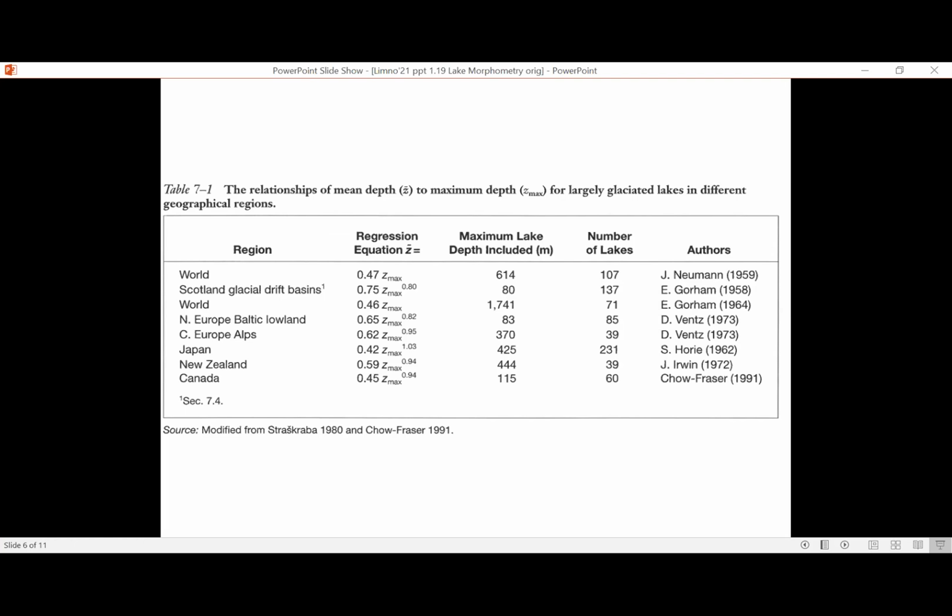So in other words, the average depth was really close to half the maximum depth. And when you look at a big data set, what you see is that you double the maximum depth and you double the average depth, and the average depth is typically about half, or 46% of the maximum depth.